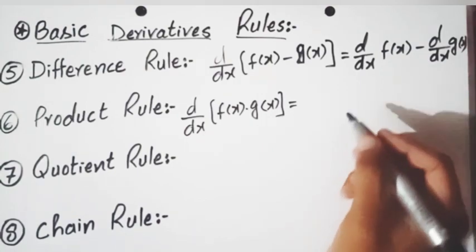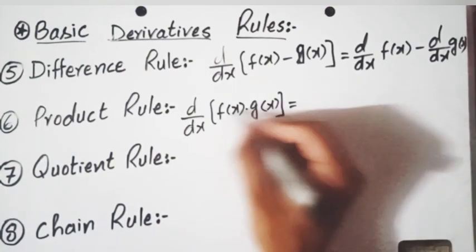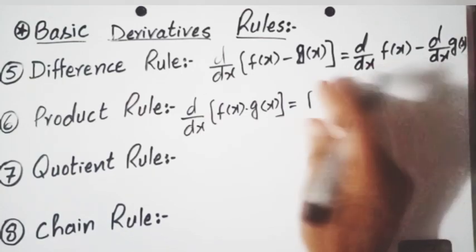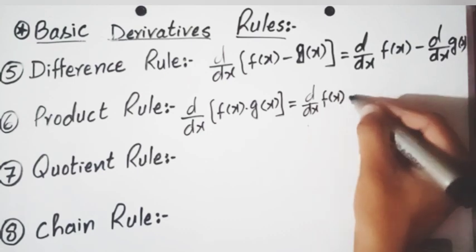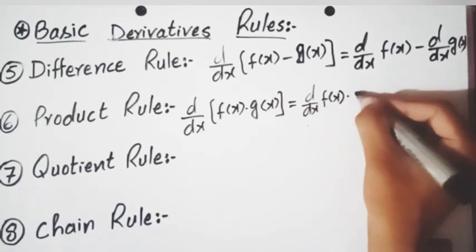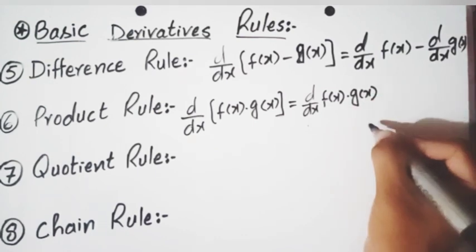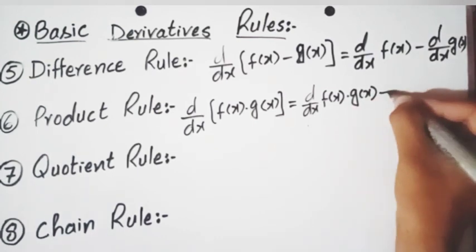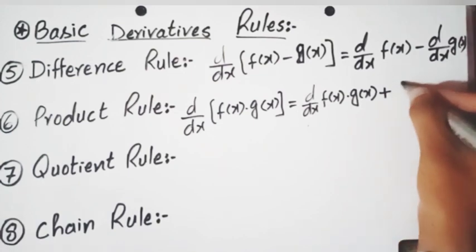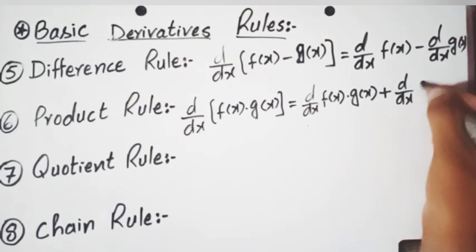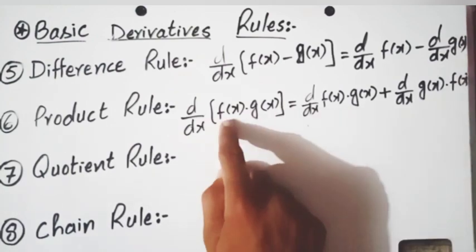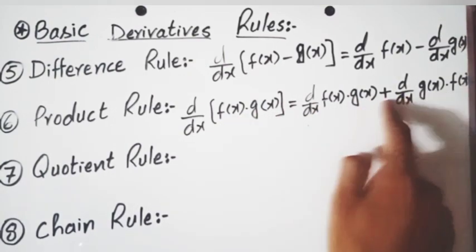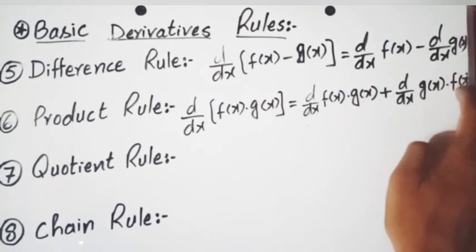We take the derivative of the first function, d over dx of f of x, and in multiplication we write the second function as it is, g of x, then a positive sign plus the derivative of the second function, d over dx of g of x, and we write the first function as it is. This is the product rule: derivative of the first function, second function as it is, then plus the derivative of the second function, first function as it is.